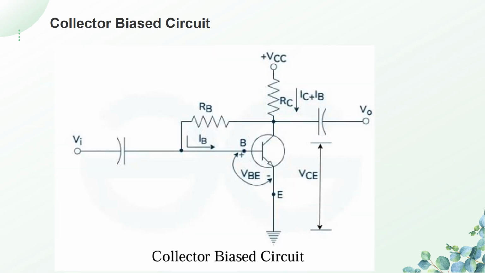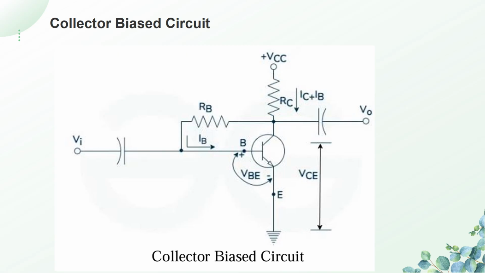The next type of biasing is the collector biased circuit. In this, we connect the feedback resistor RB between the base of the transistor and the collector of the transistor. This circuit is somewhat more stable when compared to the fixed bias circuit. But even so, according to the values of RB and RC, the stability will be affected.